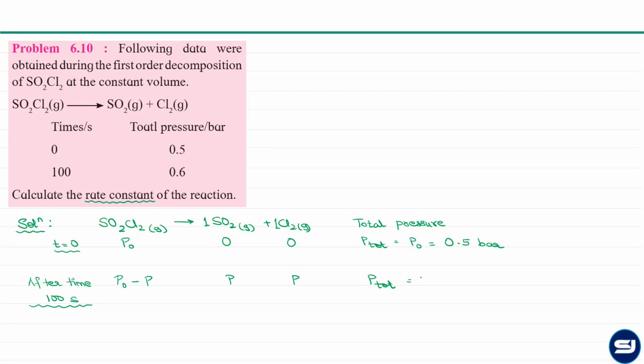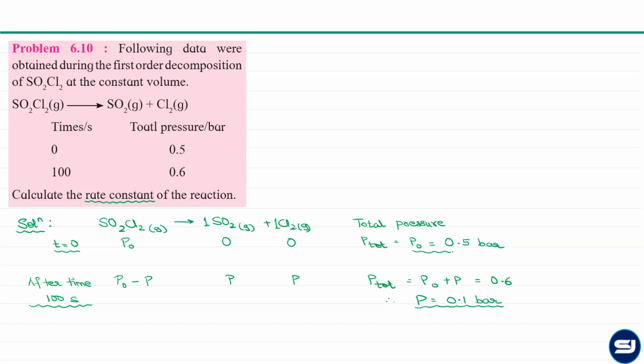P total is 0.6. So it will be P naught minus P, plus P, that is P naught plus P. That is given to be 0.6. Yes, sir. अब उसमें से आपको P naught पता है. हाँ. So P will be equal to 0.6 minus P naught, which is 0.5. So 0.6 minus 0.5, 0.1.